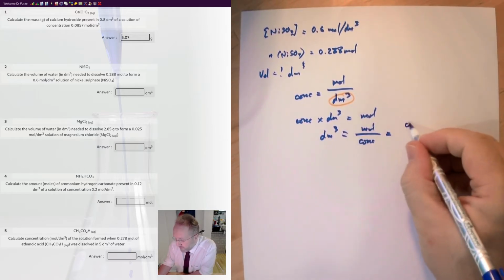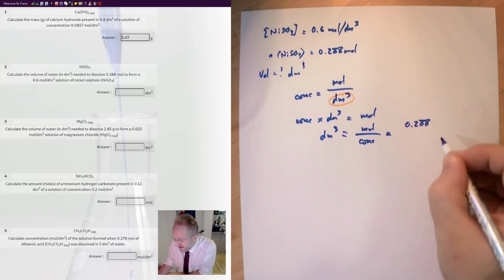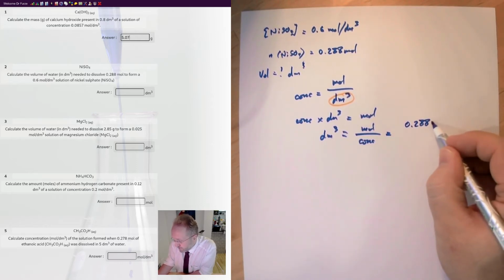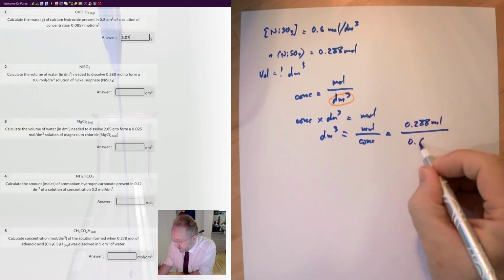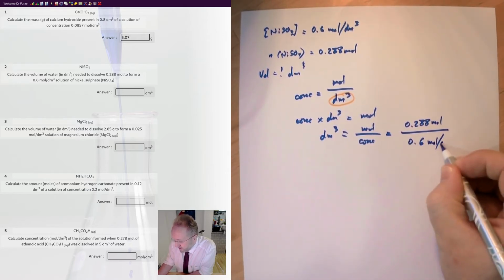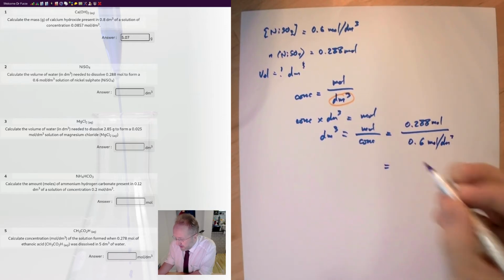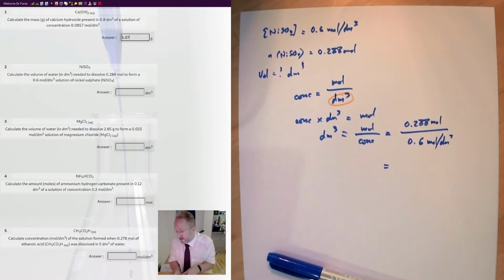So we have 0.288 moles divided by the concentration, which is 0.6 moles per decimeter cubed, and that's going to give us our volume in decimeters cubed.